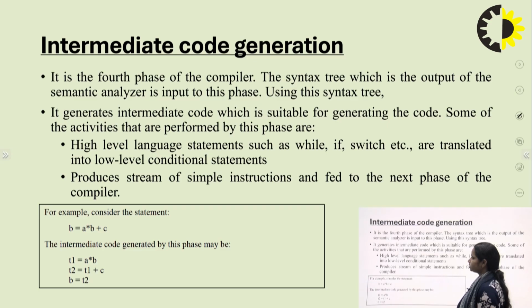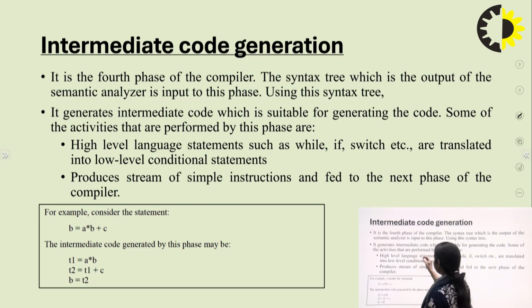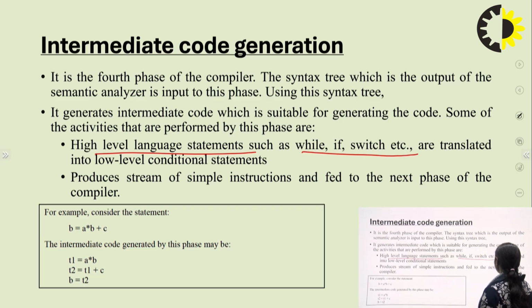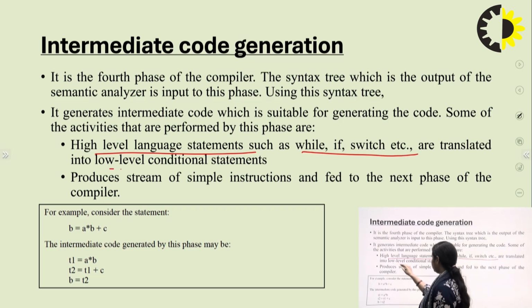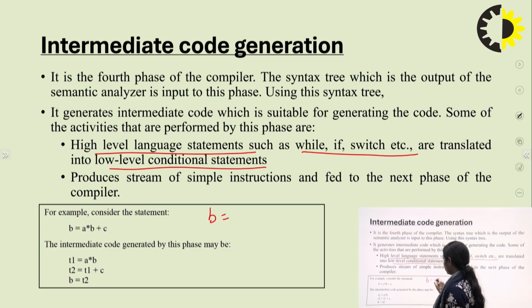That is the fourth phase of the compiler, and what is it doing? It is converting high level language statements such as while, if and switch to low level conditional statements. There is one example also, like b is equals to a plus c.